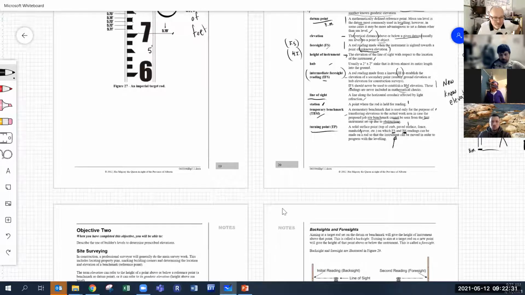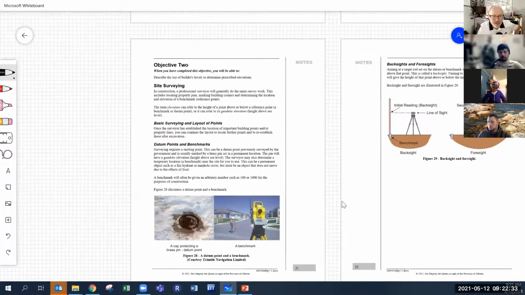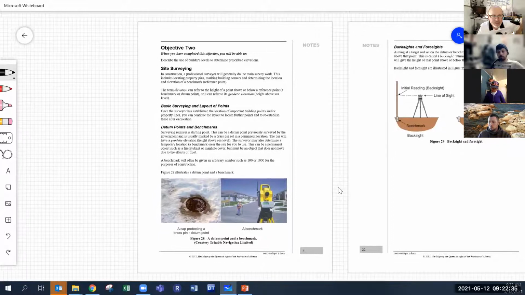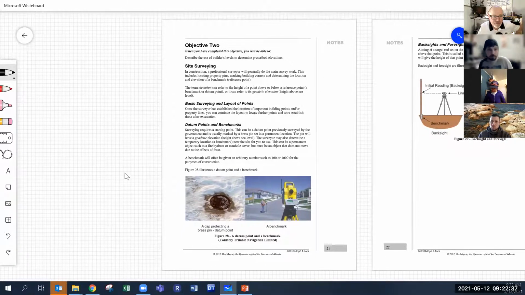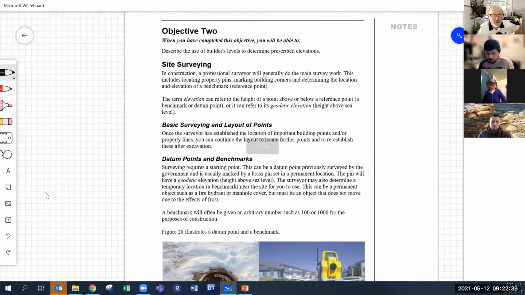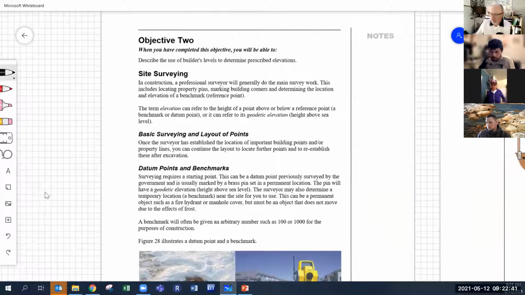Now, we're going to go into some basic stuff on site surveying. It says, when you complete this objective, you will be able to describe the use of a builder's level to determine prescribed elevations. So in construction, listen, the surveying crew is going to come out and do the main survey work.